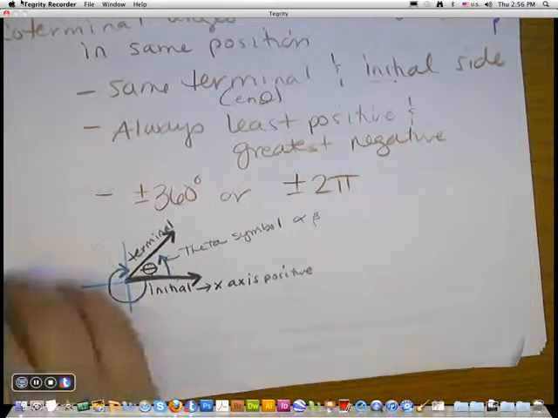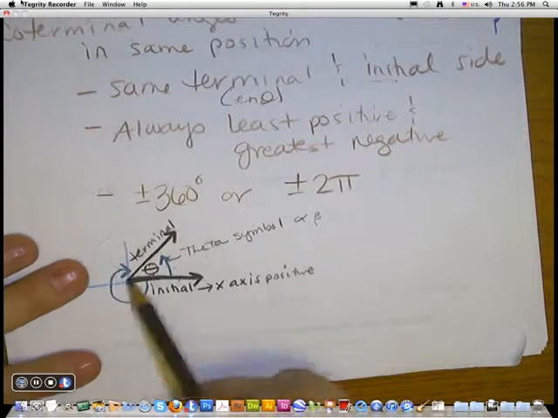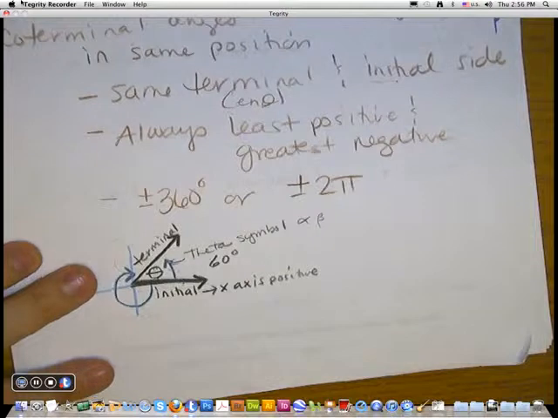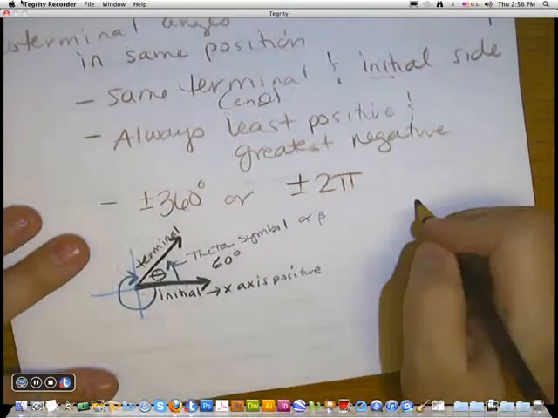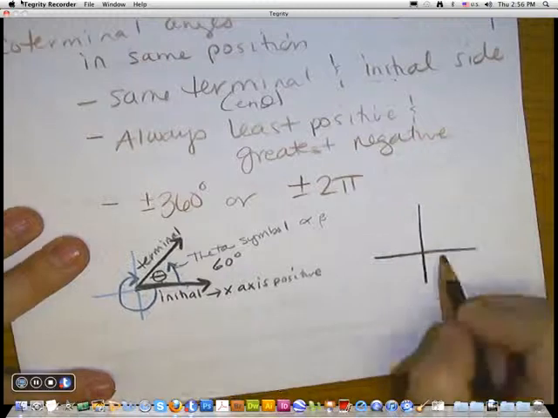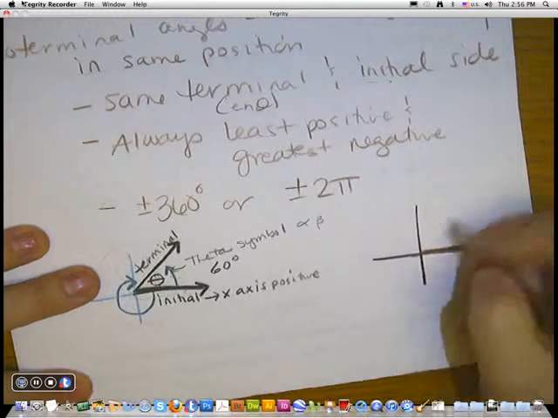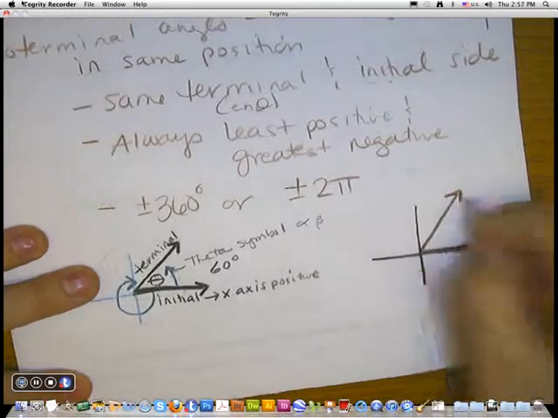So let's say I'm going to use this first one here, and I'm going to say 60 degrees is my angle. What is a coterminal? Well, the coterminal means that it has to be same beginning and same end.